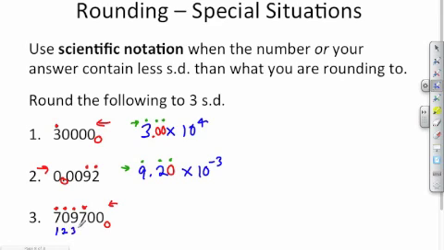Well, the problem comes when you look at that 4th digit. That 7 is going to round the 9. Well, what is the 9 going to be rounded to? It's going to be rounded to a 10. And so what we end up doing after we drop all our numbers and replace them with zeros, we end up getting a number of 710,000.